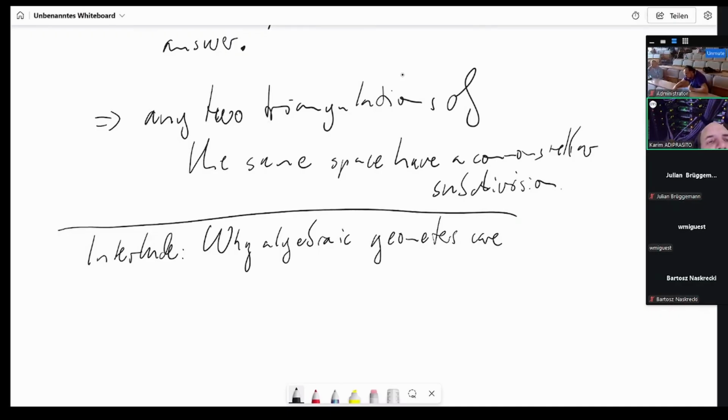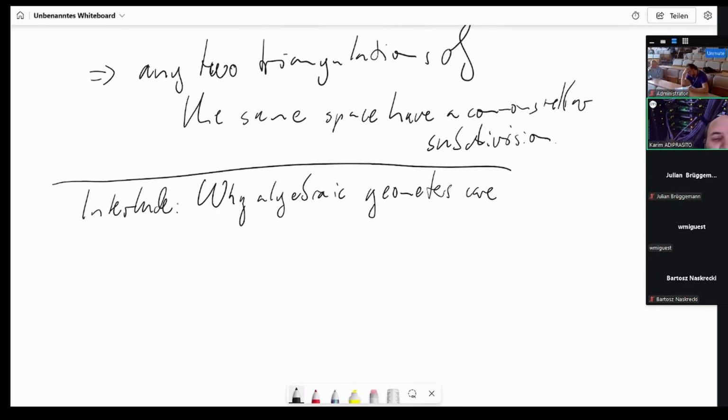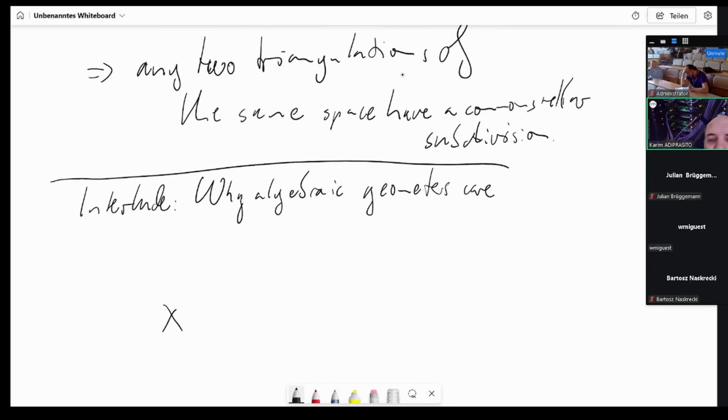The story goes as follows. One thing that algebraic geometers, in particular birational geometers, are interested in are varieties that are connected by birational isomorphisms. So they have two varieties, X and Y, connected by some birational isomorphism.